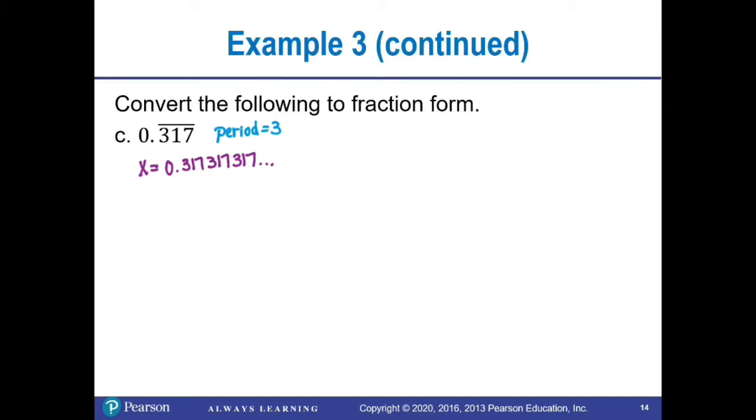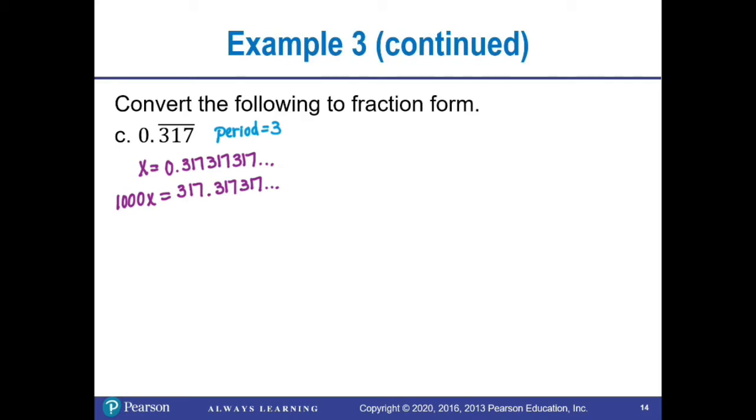This tells me that I multiply both sides of the equation by 10 to the third, or 1,000. On the left side we get 1,000x, and on the right side when I multiply by 1,000, that moves my decimal place three places to the right. So notice now that one set of the repetend is in front of our decimal place.